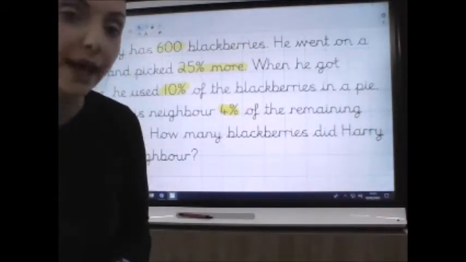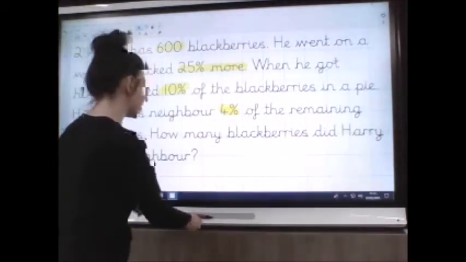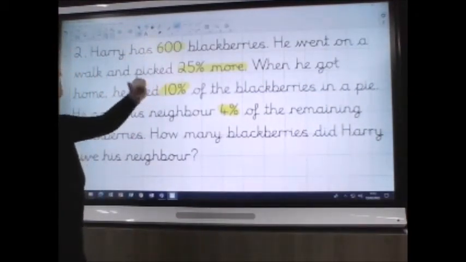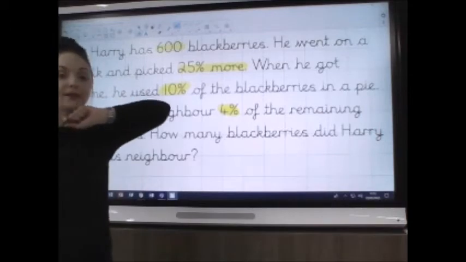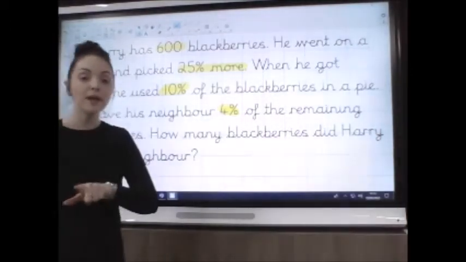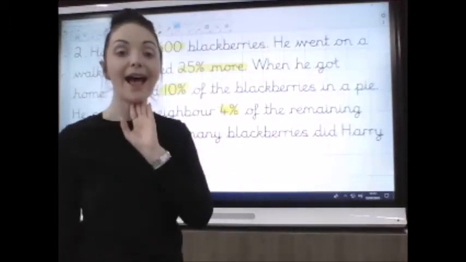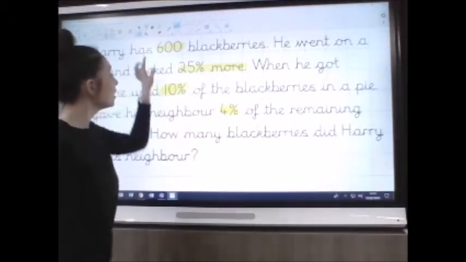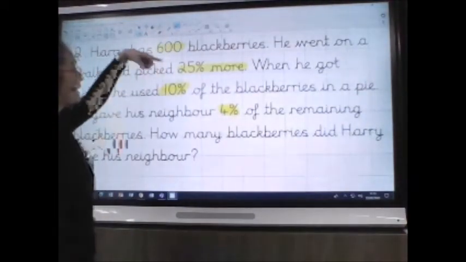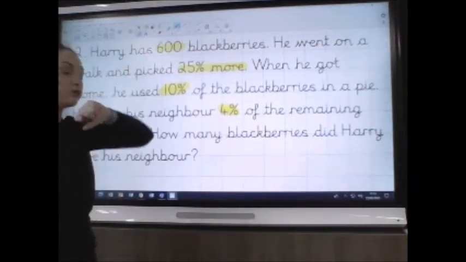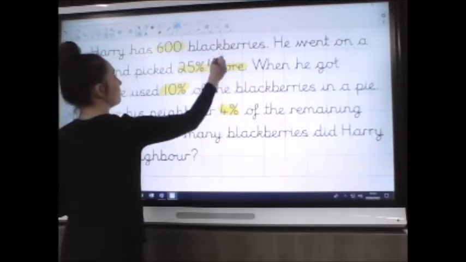Okay, so we've got to do this in stages. So he started with 600 blackberries, but then he went and picked 25% more. So we first need to find 25% of 600 and add it on. So remember, half it and half it again. So half of 600 is 300, half of 300 is 150.